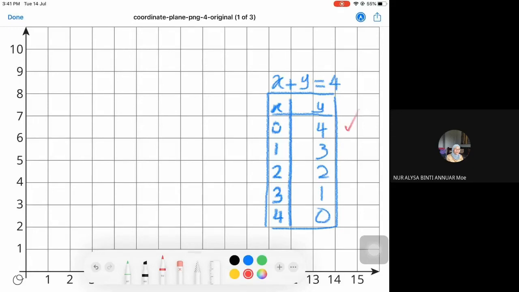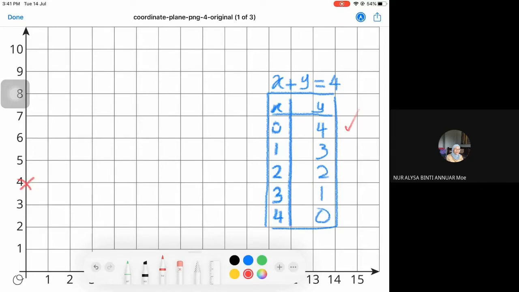So x is 0 here. I don't have a pointer, so I have to use this. Okay, this is 0 here, x is 0. So y is 4. So 4 here, y is 4. So you just mark the coordinate like that. Make a cross like that. If you want to make dots, that is fine too.